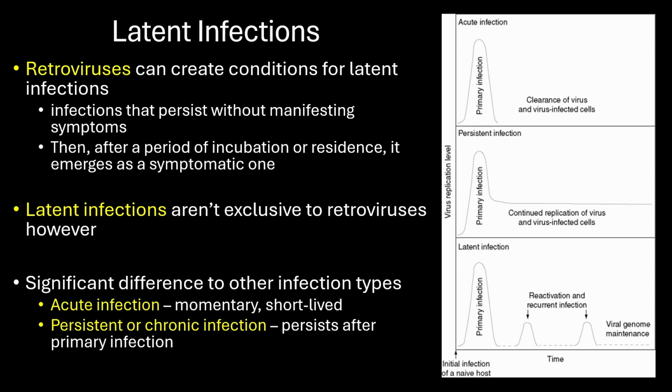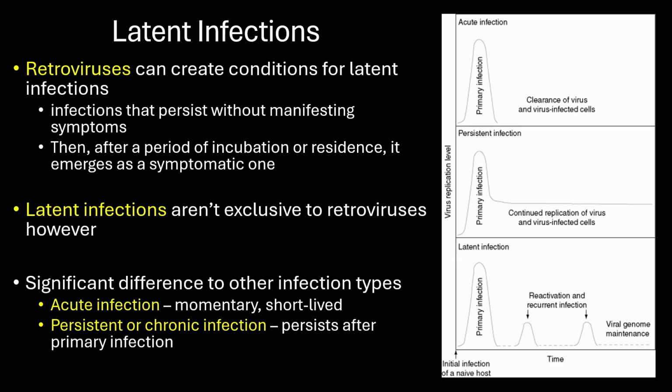That is an example of a non-retrovirus latent infection. It doesn't do anything with your DNA. The virus just stays there for a long time. But some latent infections are retroviruses, like HIV. HIV will infect cells and then hide in there in the genome for a long time.